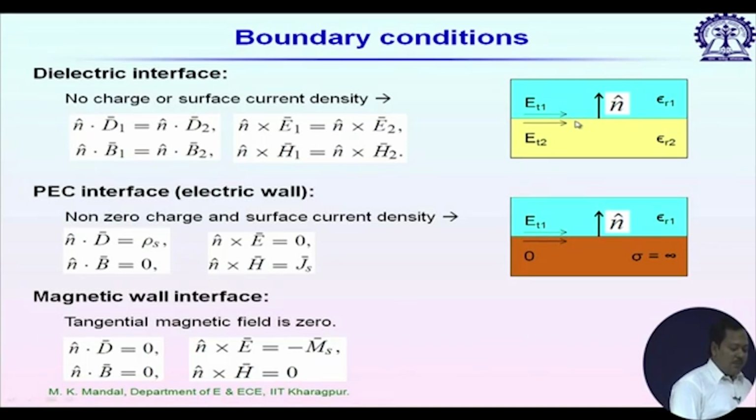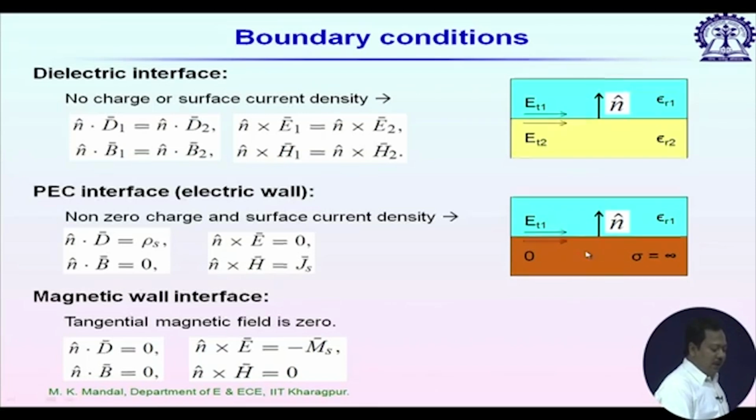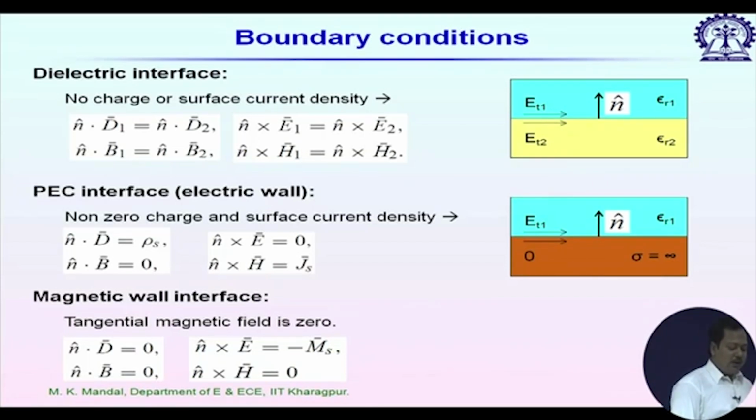Now, if we have a dielectric metal boundary, as a second example, let us consider a PEC. How do we define a perfect electrical conductor? For that, sigma is infinite. If sigma is infinite, then we don't have any charge inside this PEC.